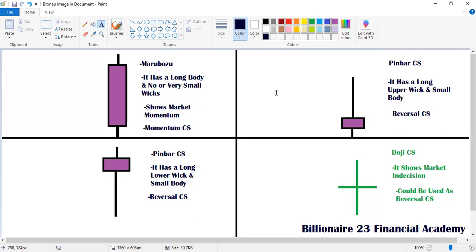So these are the candlesticks that we are going to focus on. In video 3, we'll see how they interact with the market, with trend lines, with support and resistance, as well as indicators. I think by now, most of us have a better understanding of what indicators are mostly for and how to use them.